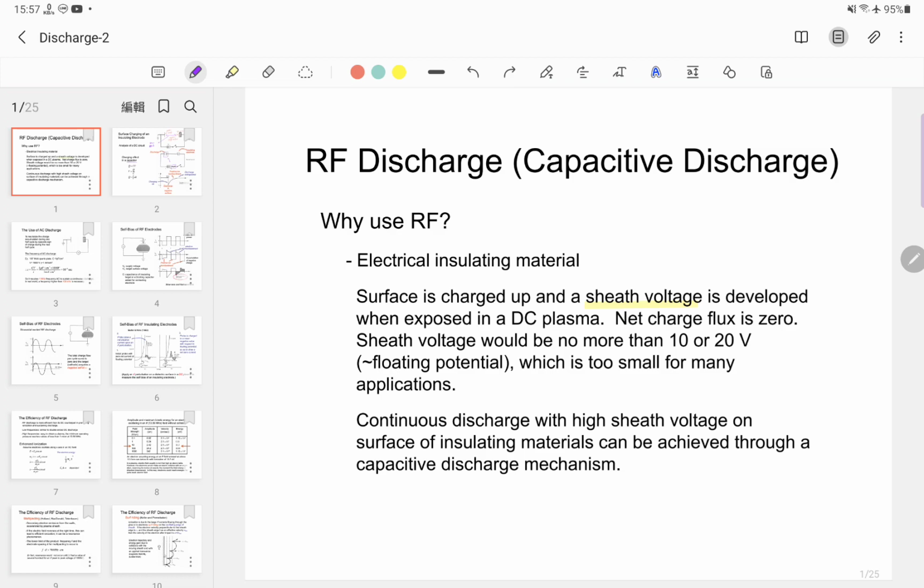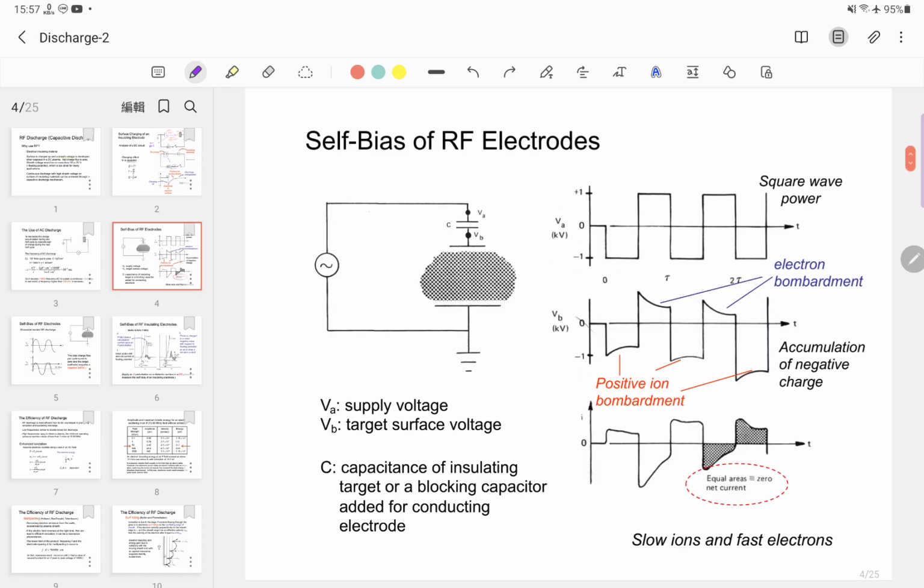So in an RF power supply, there are two outputs. One is RF high, the other is RF ground. Usually we connect RF ground to the anode and RF high to the cathode. This is the basic way to connect the power supply to your system.